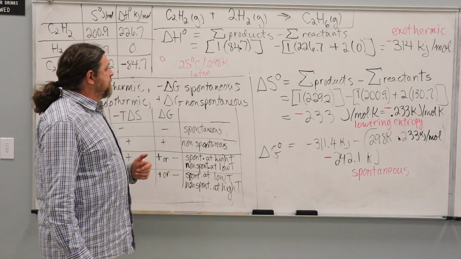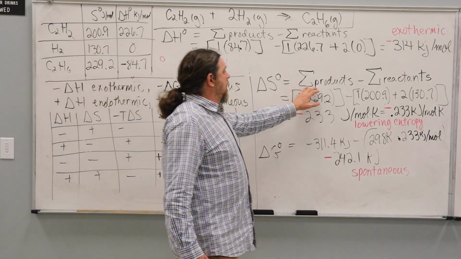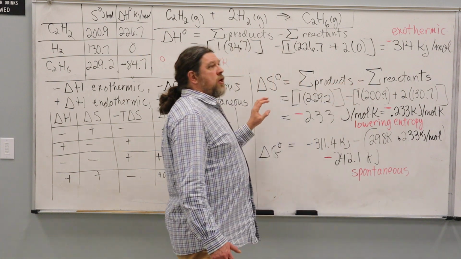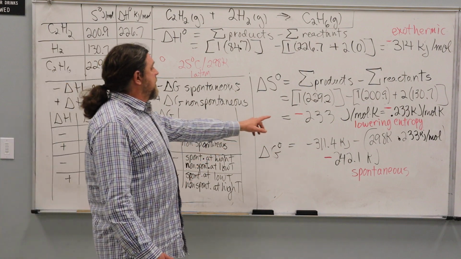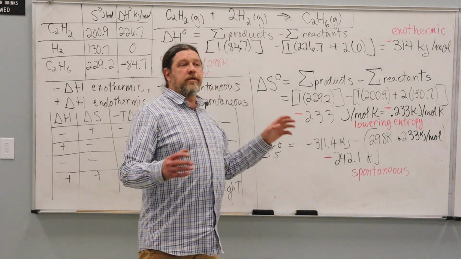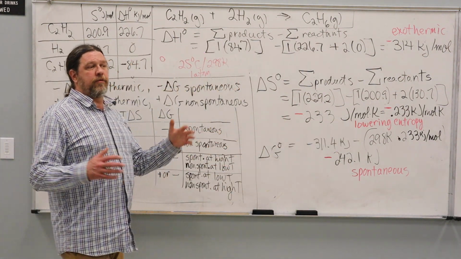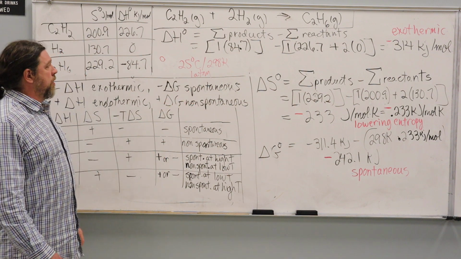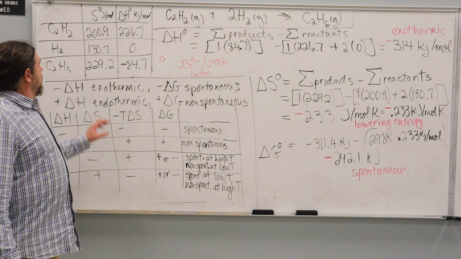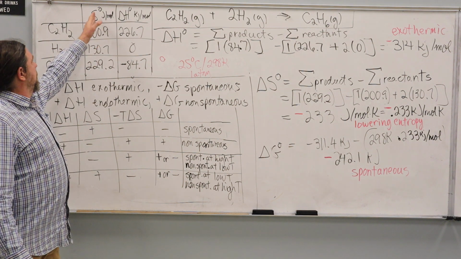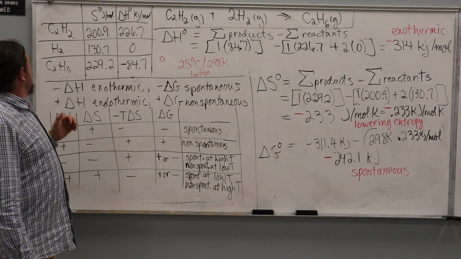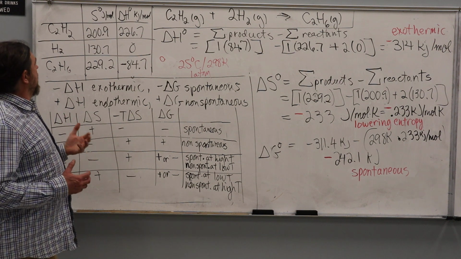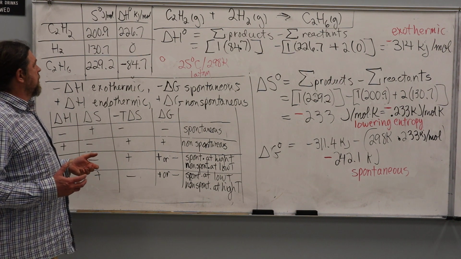And so when we do our sum of products minus reactants for our entropy calculation, we find indeed that's the case. We have a negative entropy. Entropy is going down. Energy is not being further distributed. It's being concentrated. So we look at these data tables. This, of course, is in joules per mole as opposed to kilojoules per mole, which we have in the Gibbs calculation.